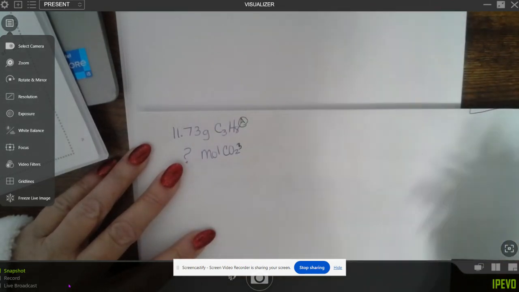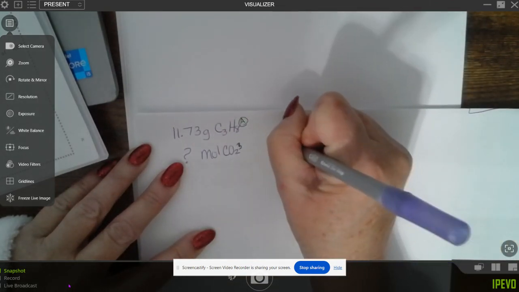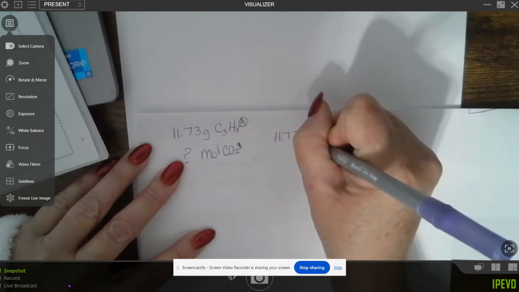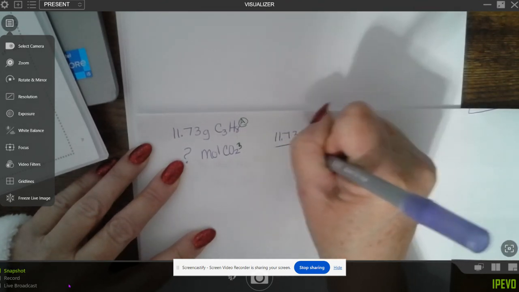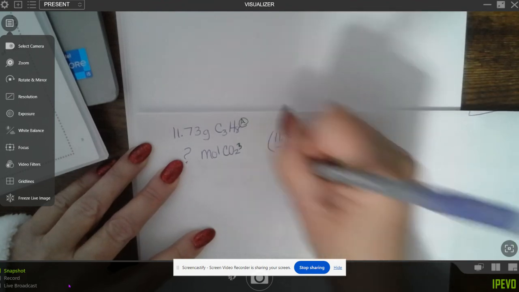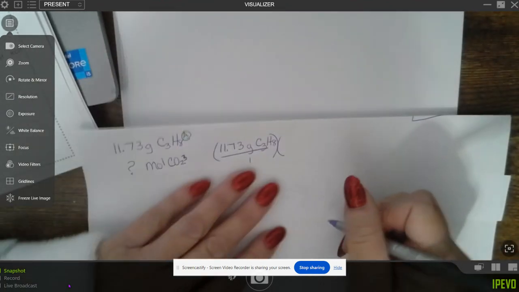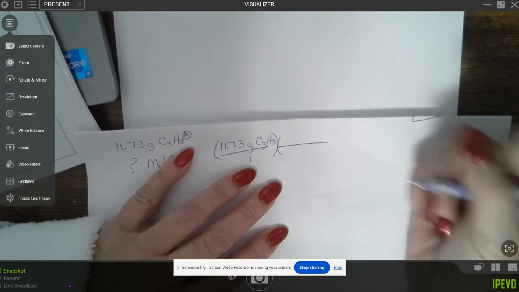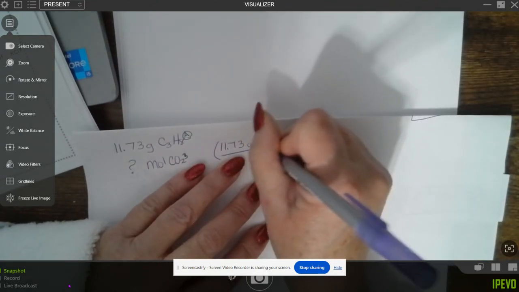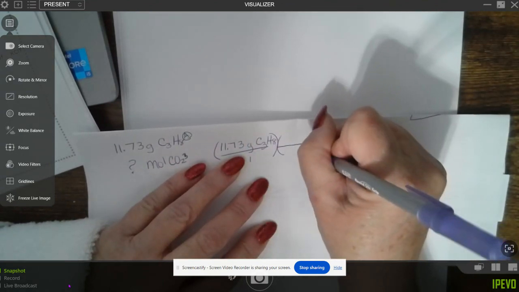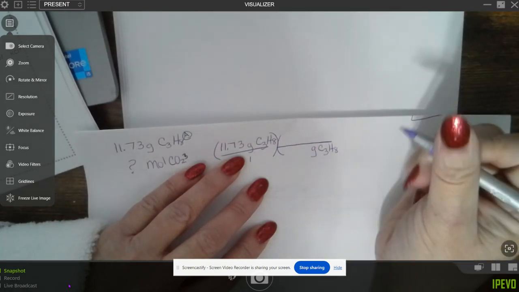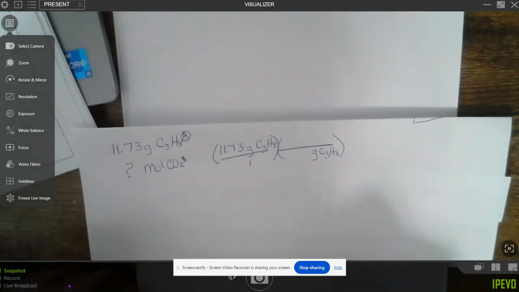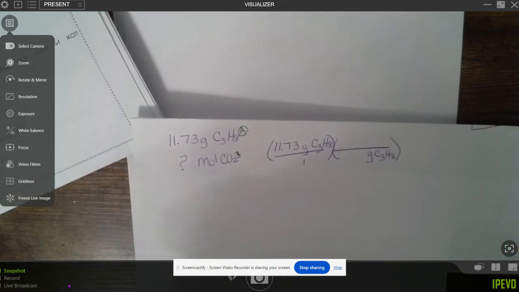All right. So I've got 11.73 grams of C3H8 over 1. Since grams of C3H8 is there, I need grams of C3H8 on the bottom. And then I'm going from, where's my mole map?